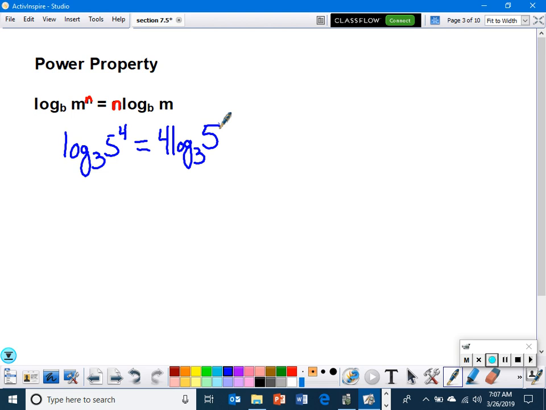And you can also go backwards. Let's say we have 6 log base 5 of 8. The number in front, the 6, is going to become the exponent. So log base 5 of 8 to the 6th power. So that's what the power property says. Rewatch that if you need to.